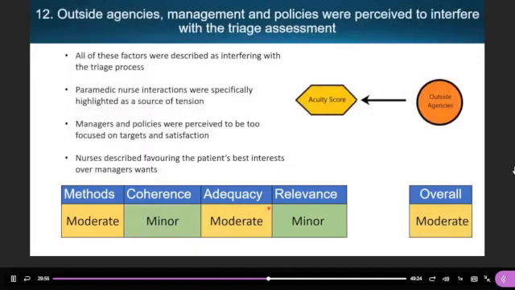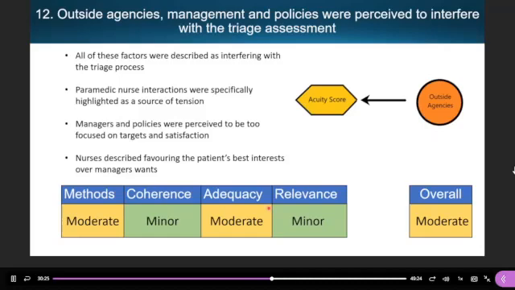Our 12th finding was that outside agencies, management and policies were perceived to interfere with the triage process. Nurses all talked highly about how they felt they could impact the triage process. Paramedic and nurse interactions were specifically highlighted as a source of tension. Nurses felt that paramedics would manipulate their stories and the assessments of the patients, and the nurses felt they should be doing their own assessments as opposed to just taking what the paramedics said.